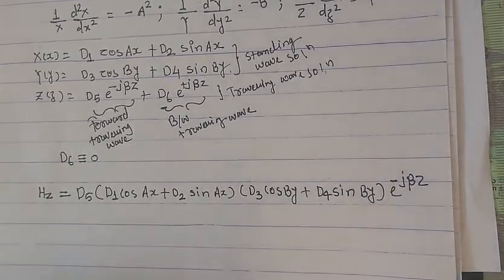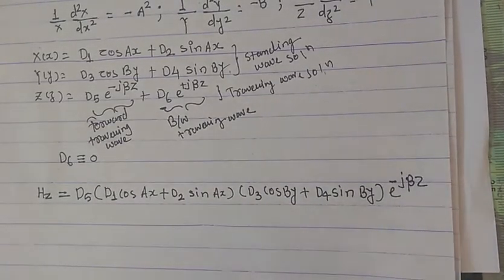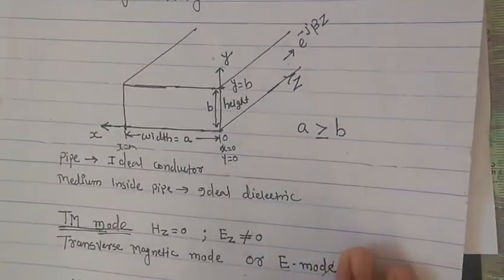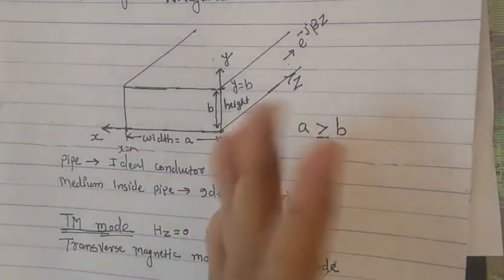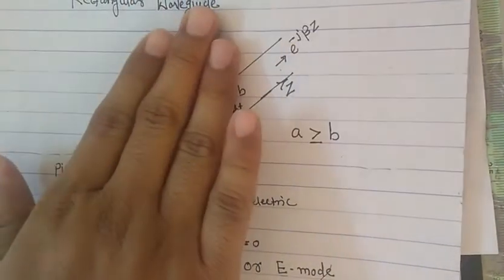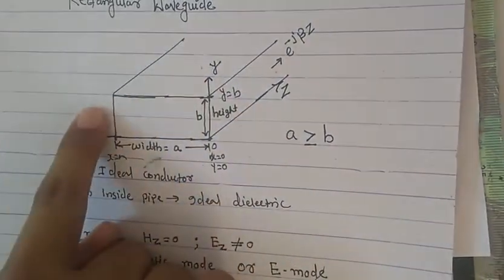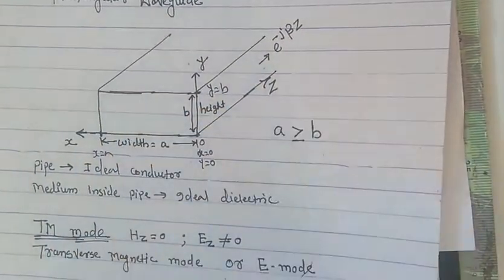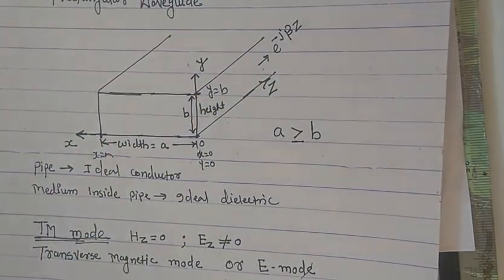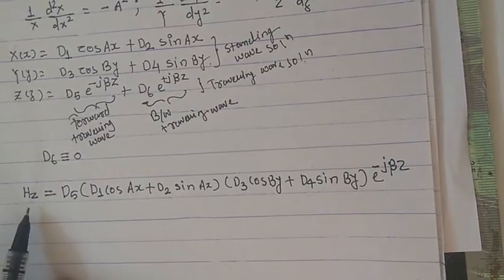So next to this step, what we have done in TM mode analysis, we have applied boundary conditions. And we said that the electric field is tangential to the four boundaries, four walls of the waveguide. This wall, this one and this one. So we have a tangential electric field because we obtained the solution for Ez in case of TM mode analysis.